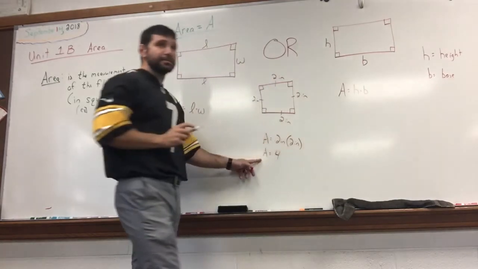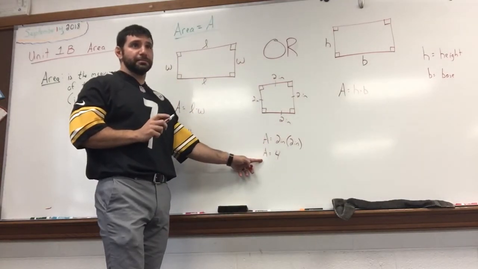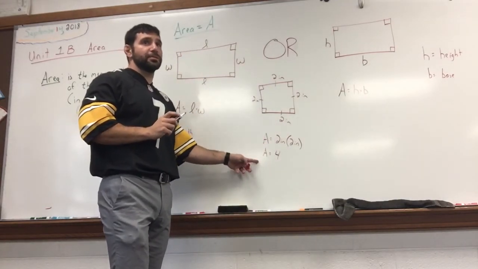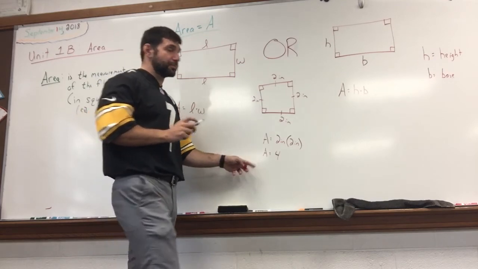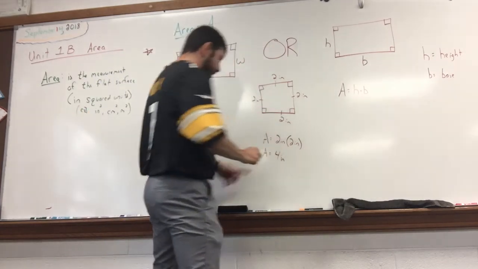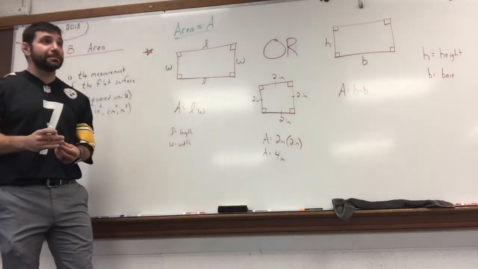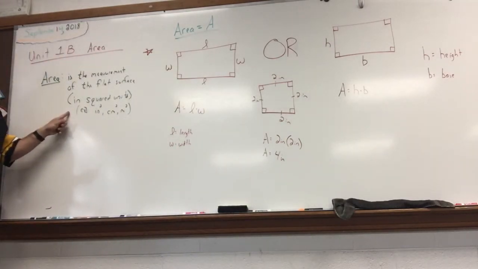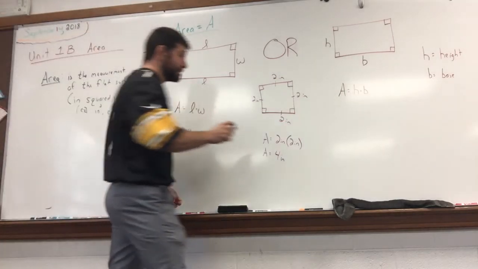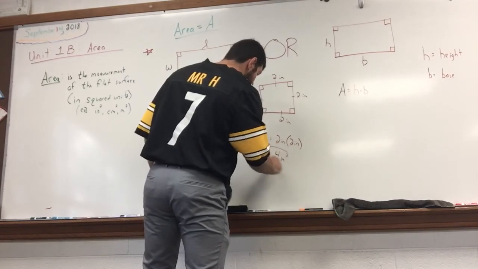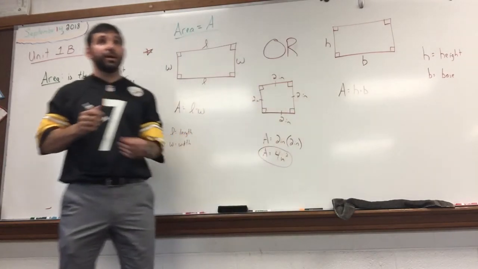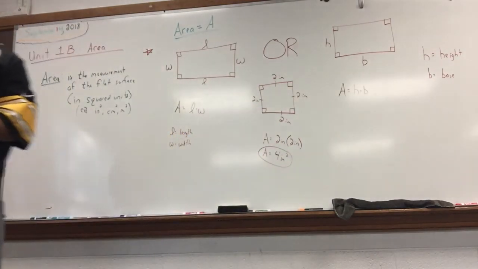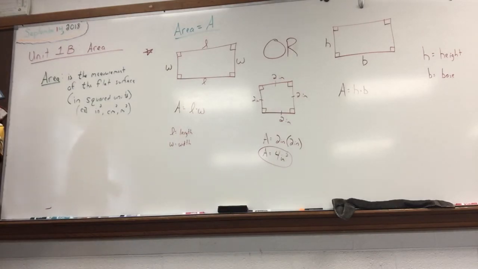Can I leave it like that? Is that my answer? What do I have to put to make this answer correct? Izzy? If you put 4 inches, I would mark it wrong. Why? Yeah, so it's 4 inches squared. Notice I don't put a squared on the 4, just on the unit.